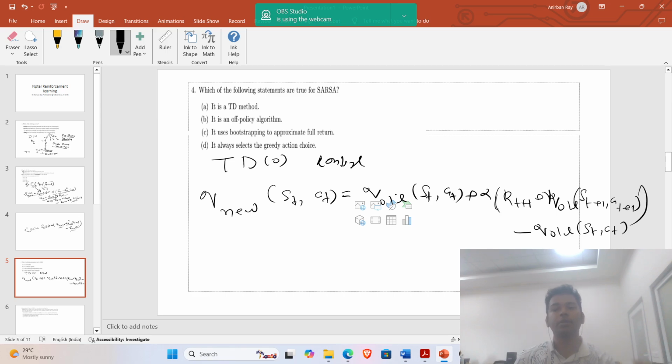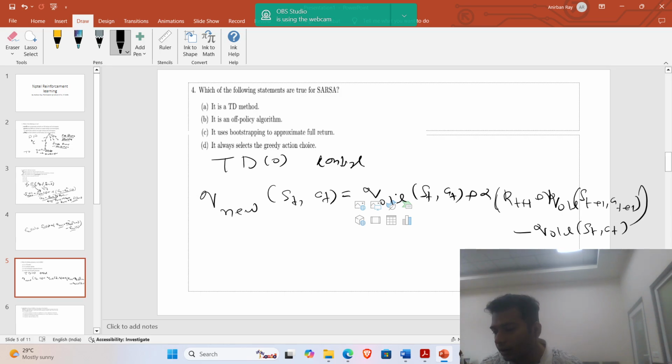This is our formulation. So it is actually the same thing, just replacing V with Q. This is the TD control algorithm.